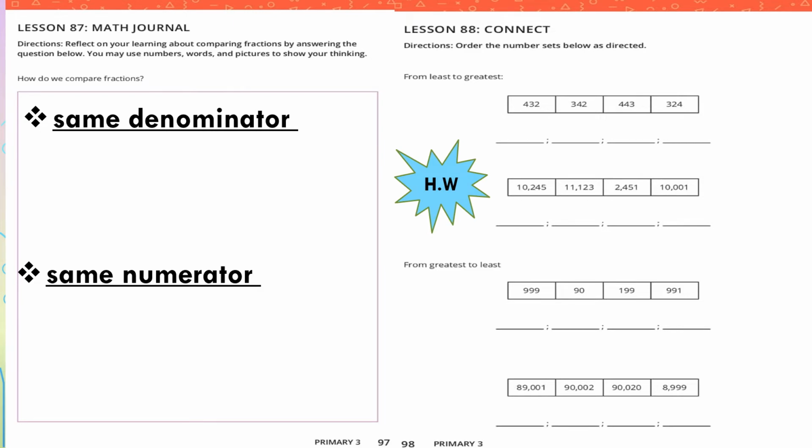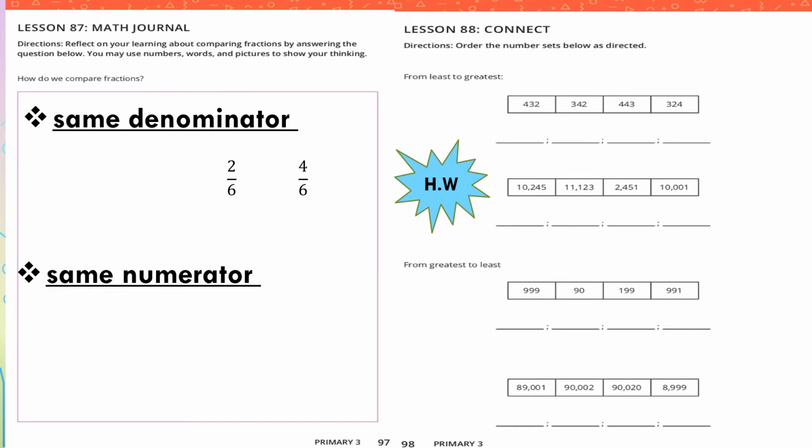Let's start our math journal. How do we compare fractions? We said before we have types of comparing fractions. Same denominators, it's called normal fraction. For example here, 2 over 6 and 4 over 6.